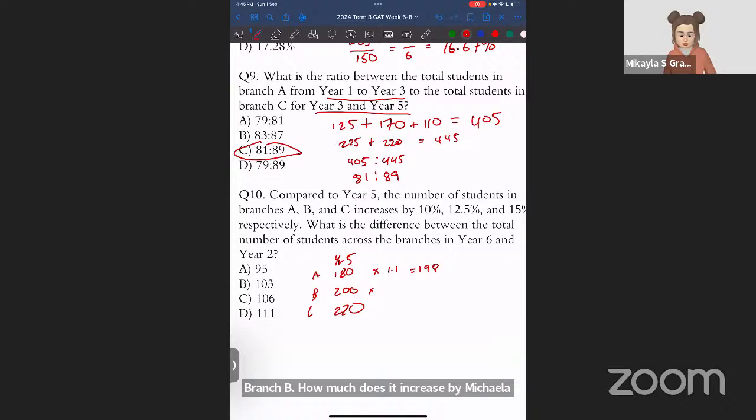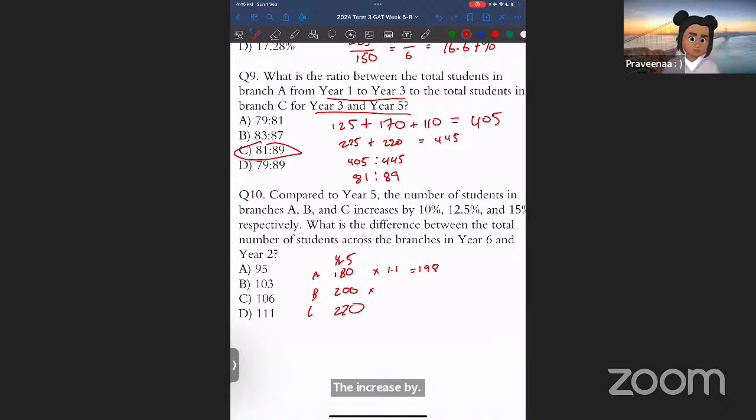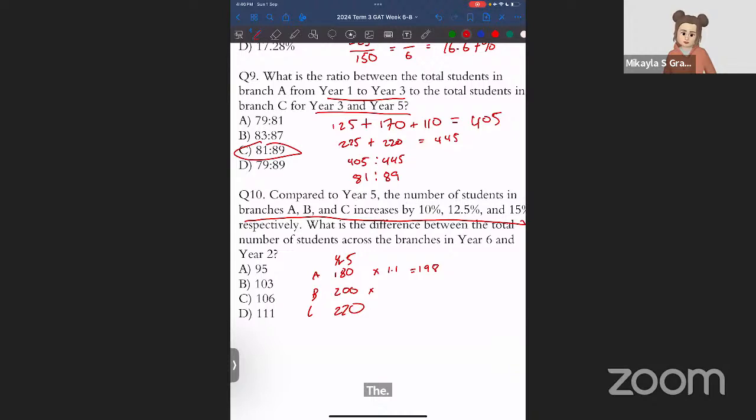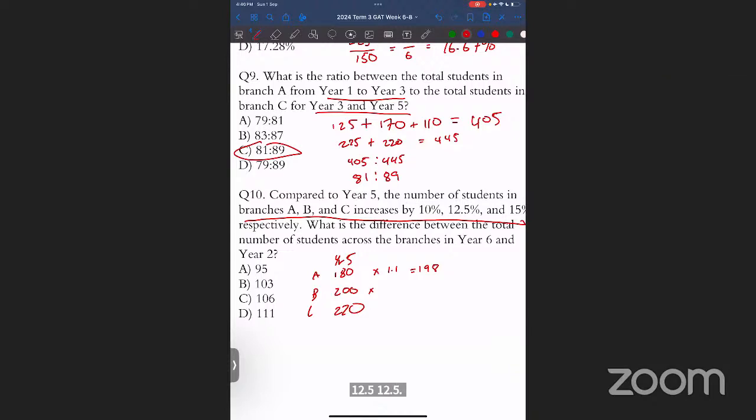It's in this line here. 12.5. So if it increases by 12.5%, you take the initial 100% and you add 12.5%.